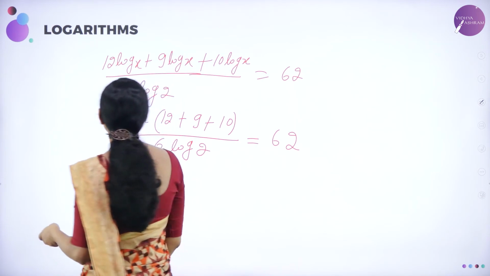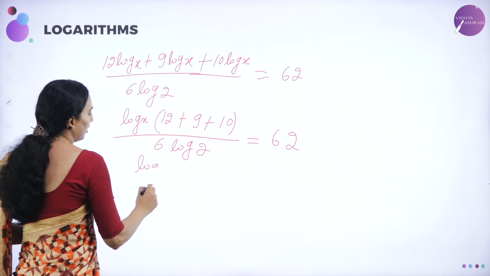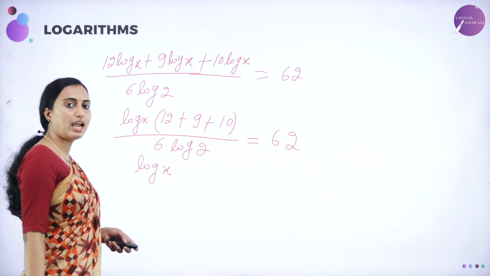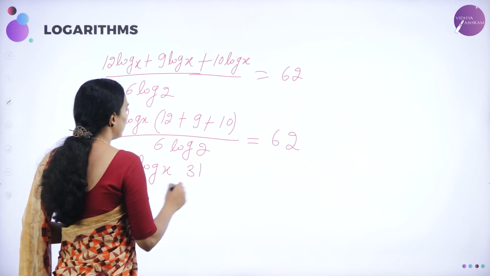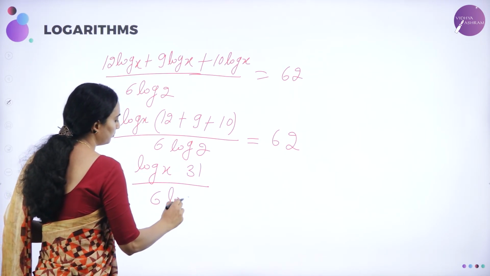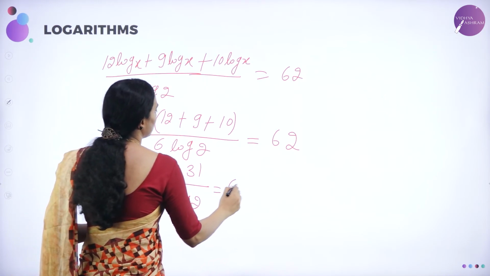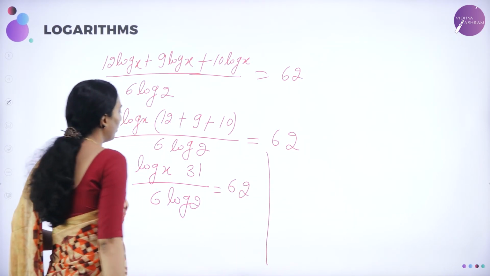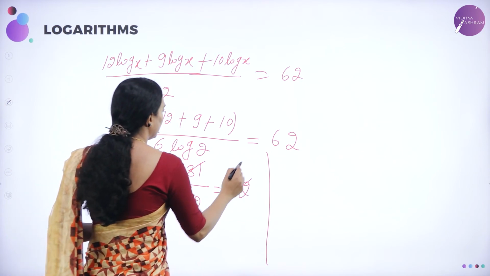So therefore you are going to have log x times 12 plus 9 plus 10, which is 31, divided by 6 log 2 is equal to 62.